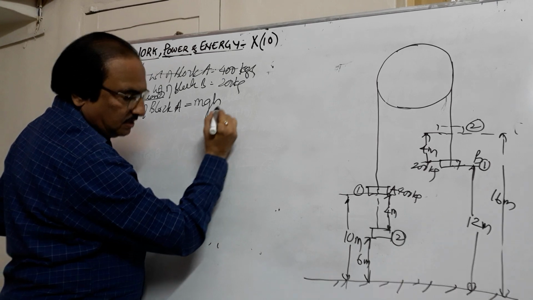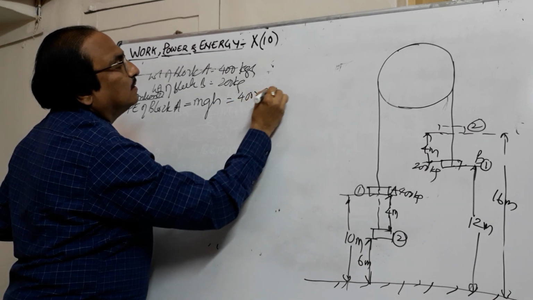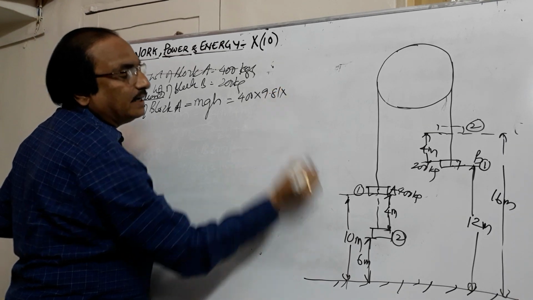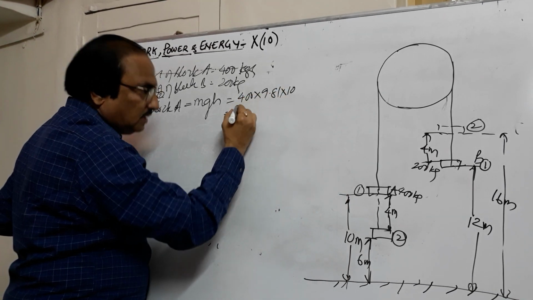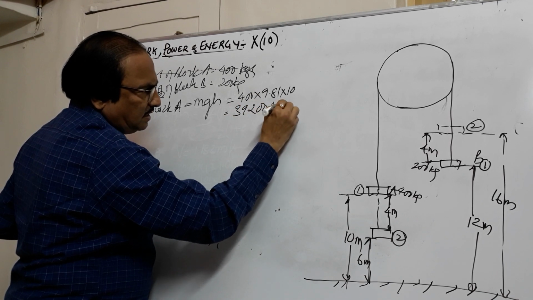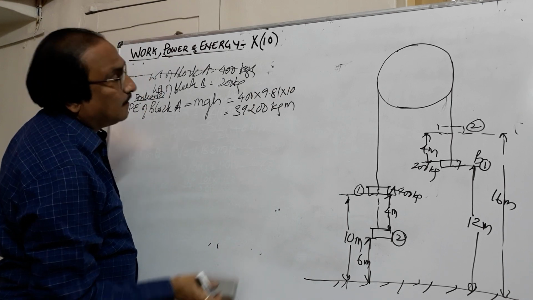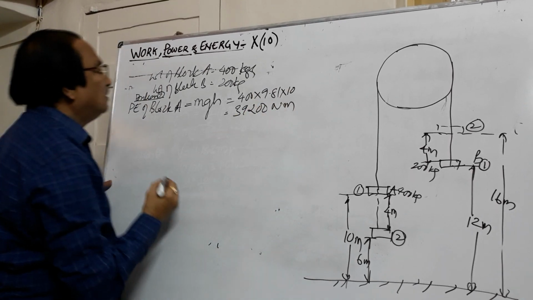Here the mass is 400 kg, converted to weight using g, and the height is 10 meters. If you simplify, this value is equal to 39200, which is in Newton meter.